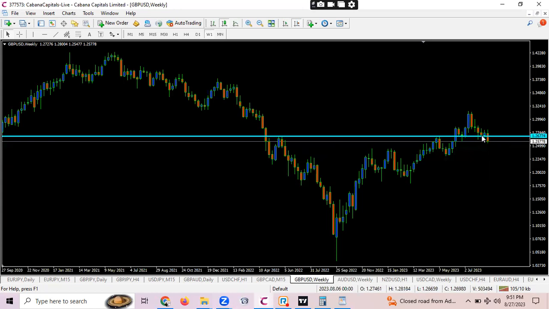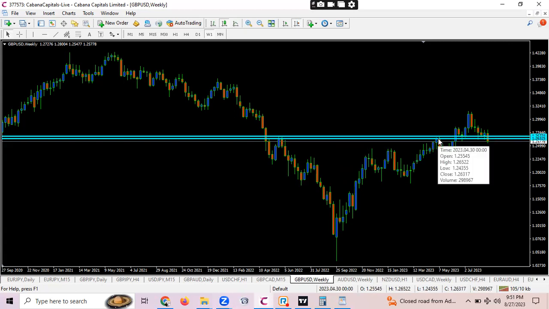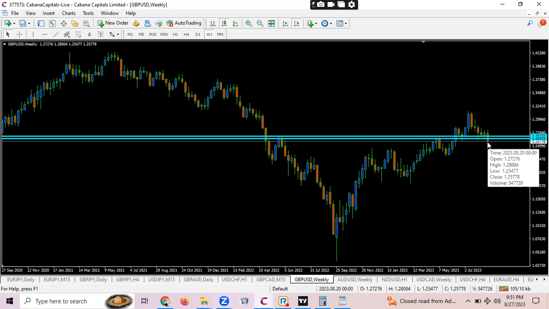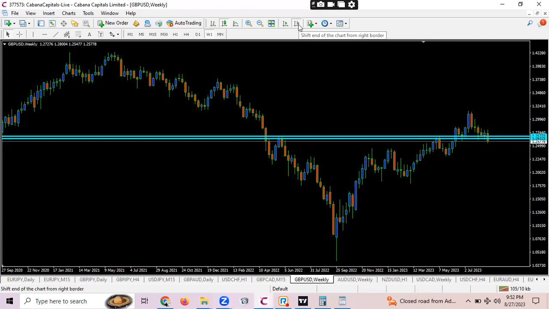We had a support level here, we had a support level here, and we had previous support levels at this level and at this level. Can you see that? And last week, candle closed below the support level. It indicates that supply has exceeded demand. So we should expect more bearish move on GBPUSD.